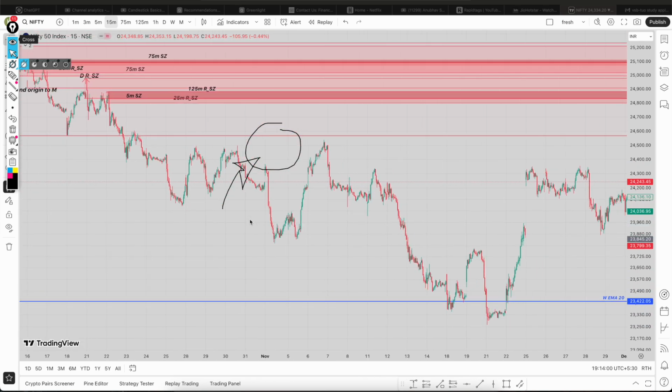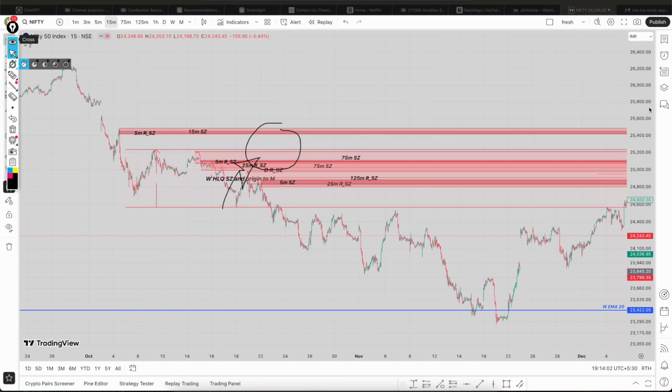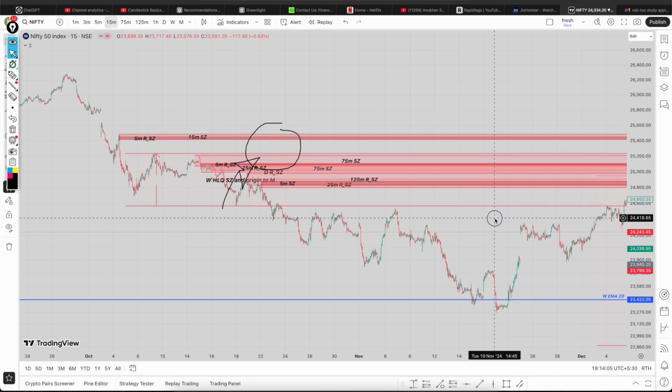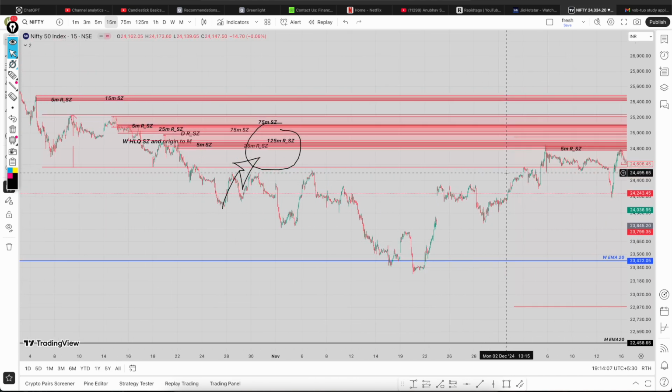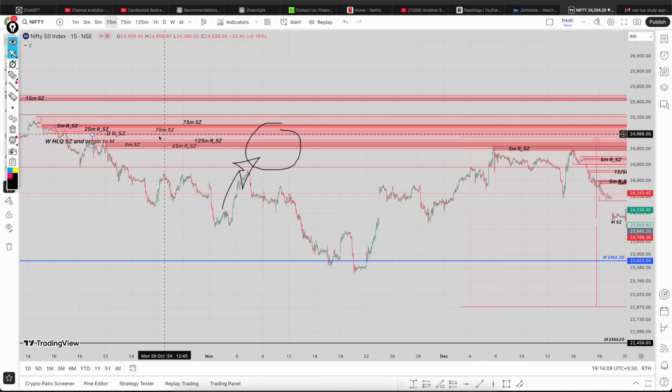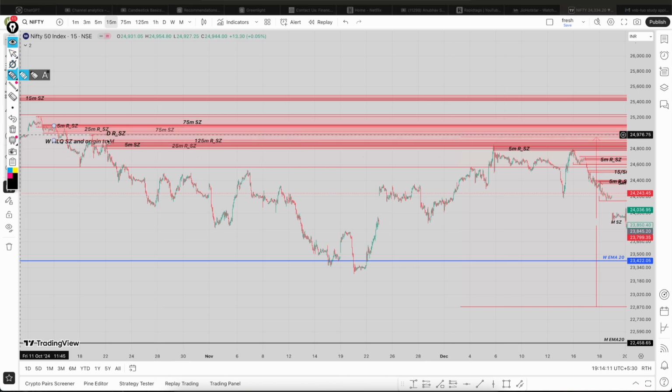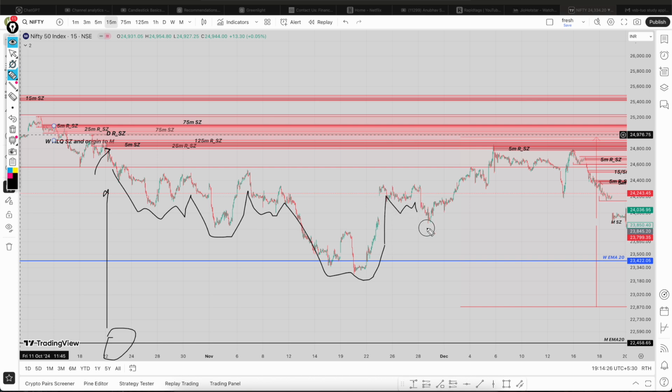Let me zoom out a little bit, and I'll place it. Yeah, you see, this was the zone which we marked on the 22nd over here. After that, the market came down, went up, came down, went up, came down, and all these days it was just going up and down.